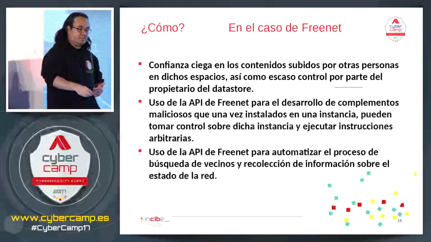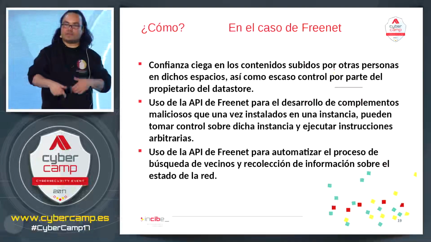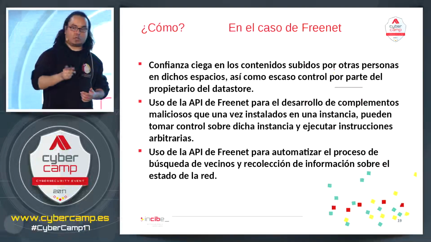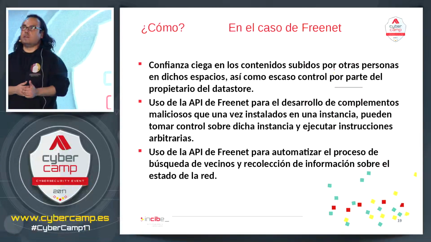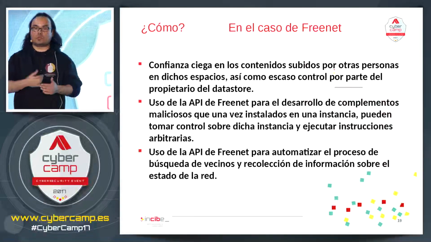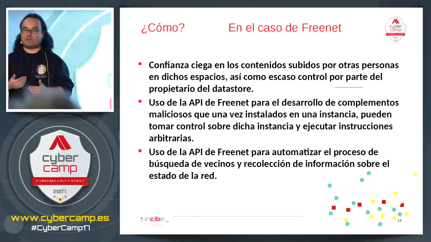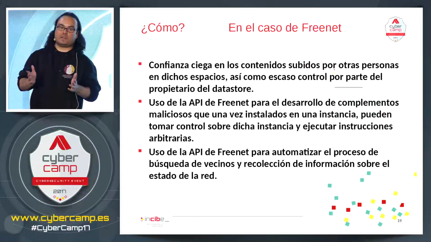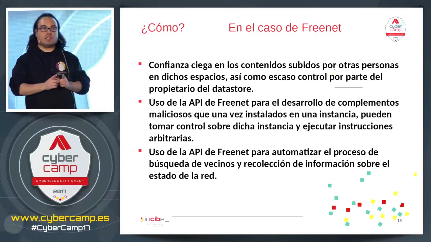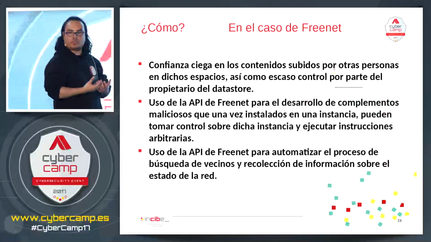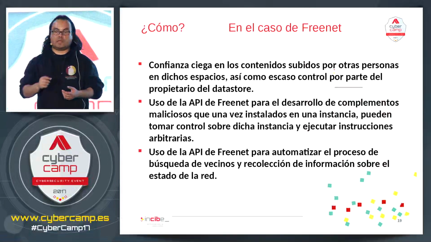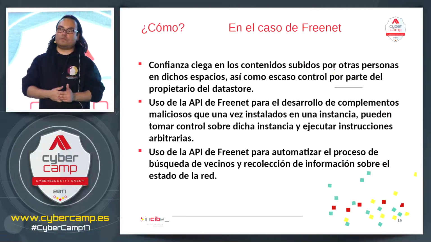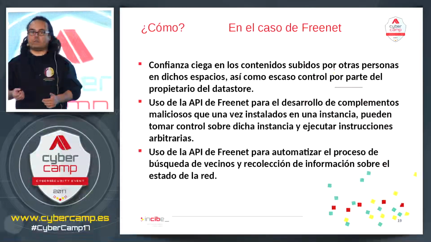So how can we make the user download that sample so that it runs inside the computer? Well, as I was saying before, Freenet gives us the opportunity to run complements. These are routines that extend the capabilities that Freenet already has. So one of the advantages that we have is that we can create our own complements with the API of Freenet.